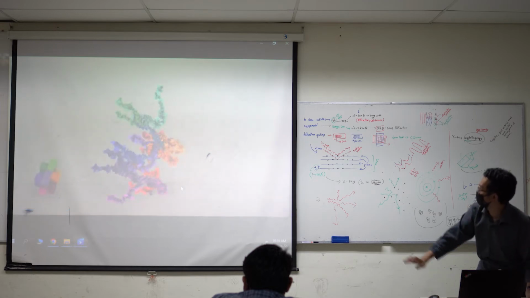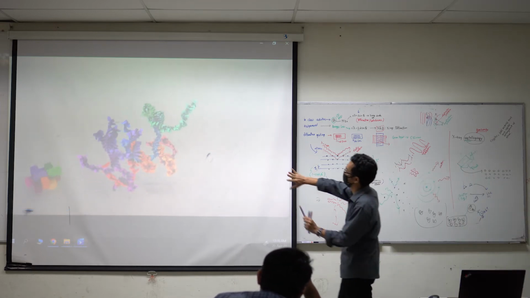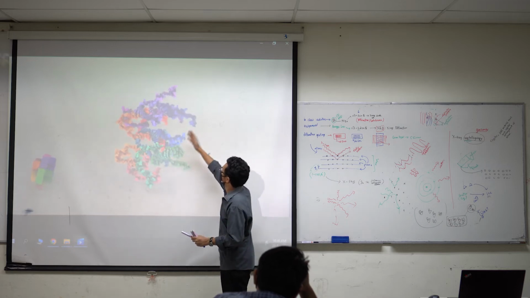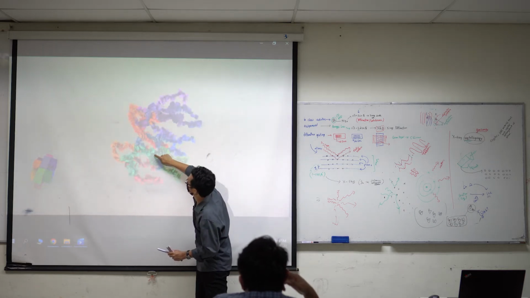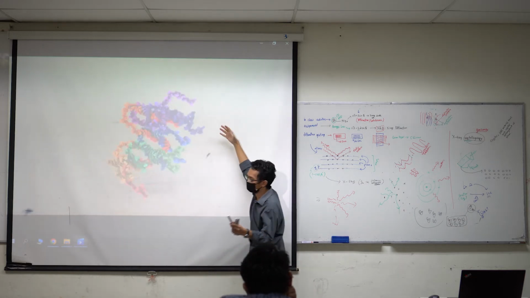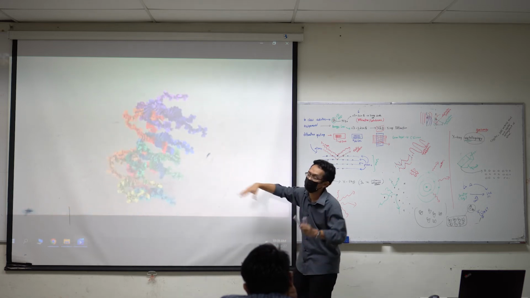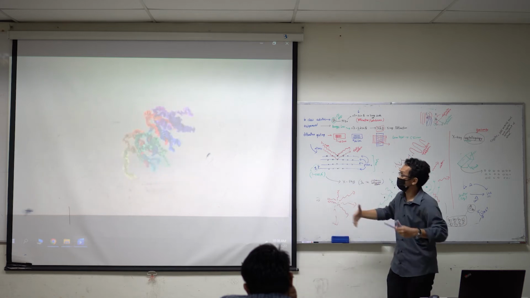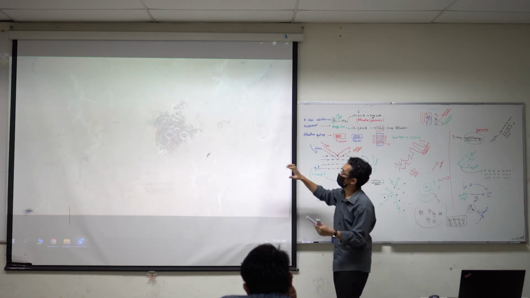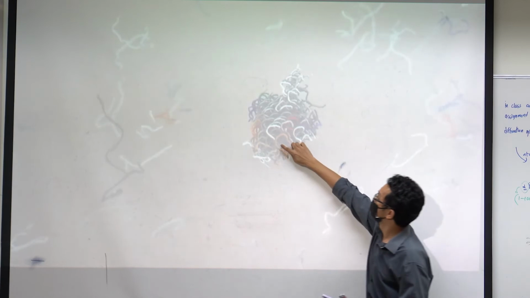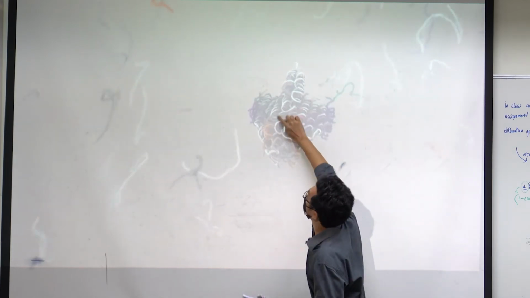At first, you see there is no structure. Each color is one strand of DNA. They combine a lot of DNA, and at first it's just a mess. But when there are a lot, you can start to see a structure. You can see there is a pattern there.